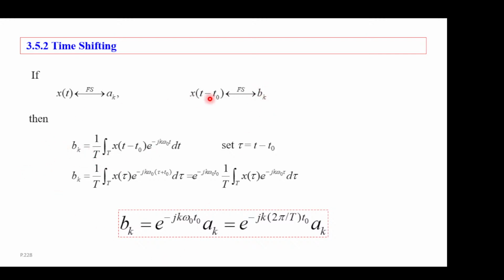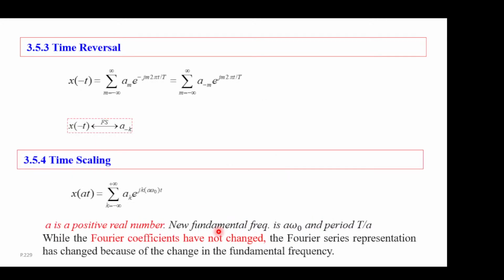You can just do a direct calculation. So you write bk as this integration of x of t minus t naught, change your variable, and you get bk equal to ak times the complex phase factor e to the minus jk omega naught t naught. The t naught is here. And so this is time shift.